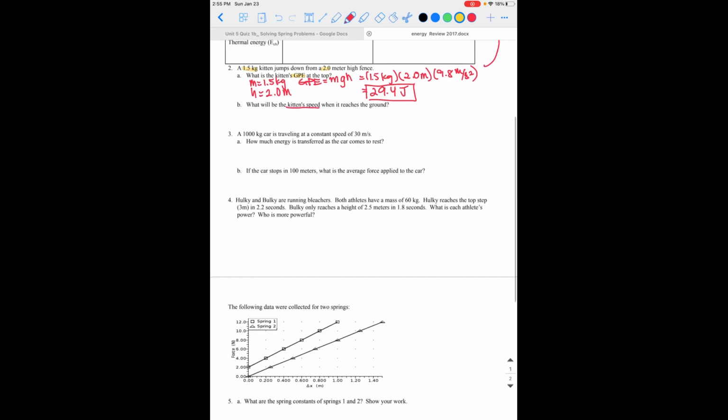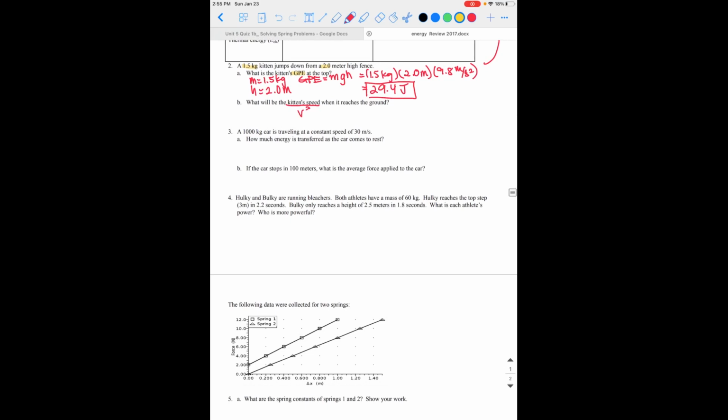Now, when it's asking you for speed, and of course we are in an energy unit, you know that speed is related to kinetic energy. So this is my KE. Based on conservation of energy, we also know that the gravitational potential energy converts or transfers to fully kinetic energy right when it is approaching the ground, or close to the ground but not quite stopped yet.